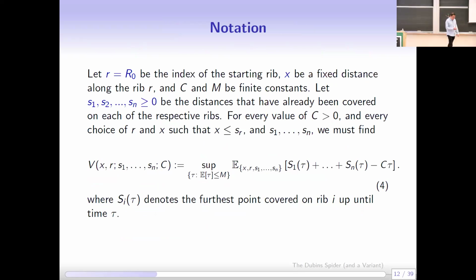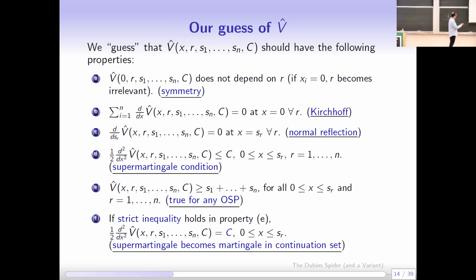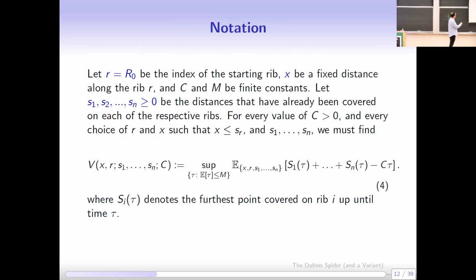So here will be the notation that we'll work with in formulating the value function in the dynamic programming context for the Brownian spider. So we'll let R be the index of the starting rib, X be a fixed distance along the rib R, C and M be finite constants, and we're going to let S1 to Sn be the distances that have been covered on each of the respective ribs.